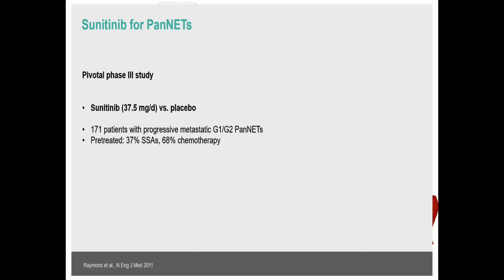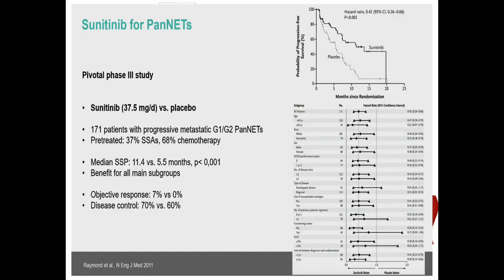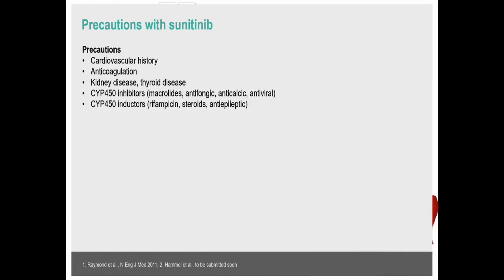I could almost say the same for the tyrosine kinase inhibitor, sunitinib, also an oral treatment, 37.5 milligrams per day. And here again, we performed a trial showing almost the same efficacy as everolimus, 5.5 months of PFS in the placebo arm, 11 in the sunitinib arm. Very few objective responses, stabilization of the disease in most patients.